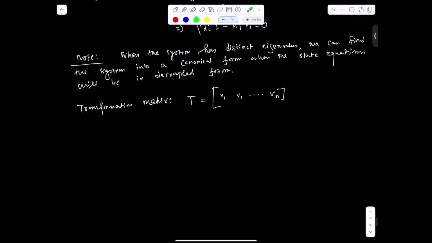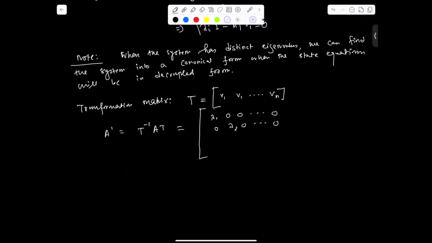So in the transform domain, we will have the system matrix, which is T inverse AT, as lambda 1, 0, 0, and so on, then 0, lambda 2, 0, 0, and it will go like this until 0, 0, 0, lambda n.